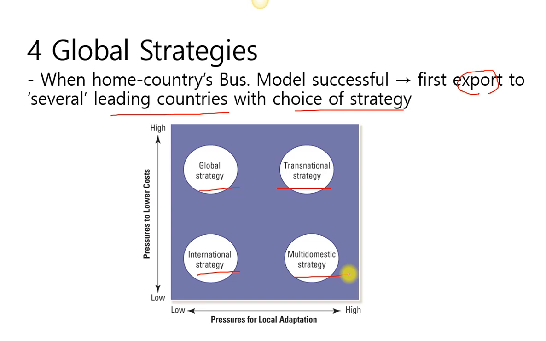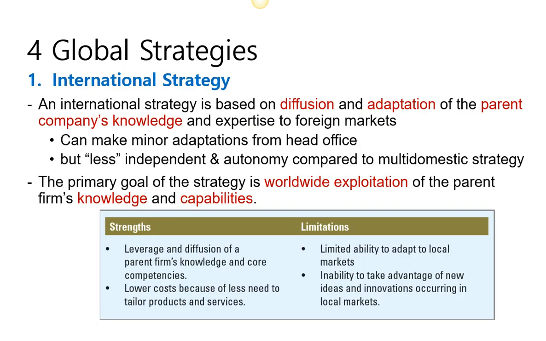Okay, and we're going to look at one by one. So first, what is international strategy? International strategy is based on a diffusion and adaptation of a parent company's knowledge and expertise to the foreign market. You can make minor adaptations from head office, but less independent compared to multi-domestic.